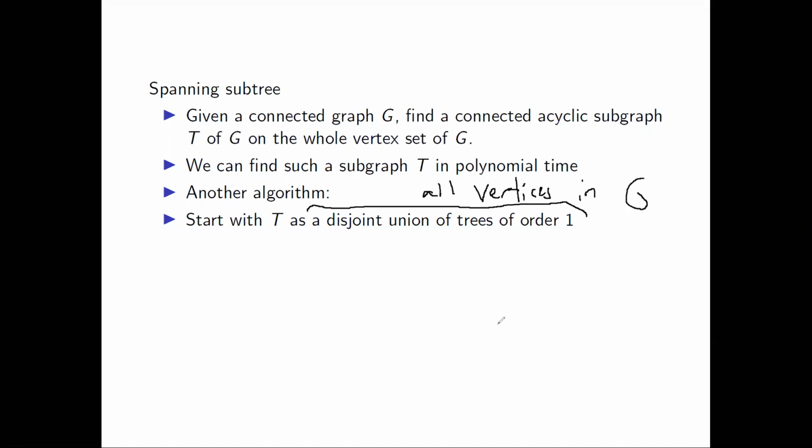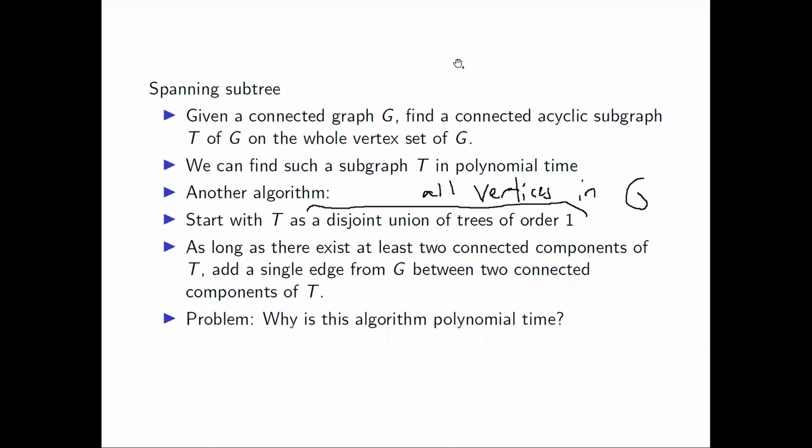So everything is just singletons. It's a big independent set at the beginning. And then we do this again and again. As long as the current T has at least two connected components, add a single edge from the graph G between the connected components.